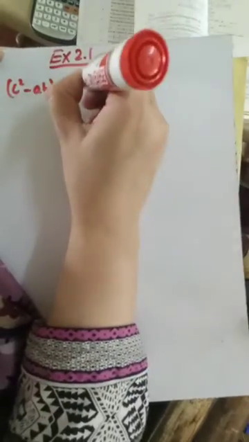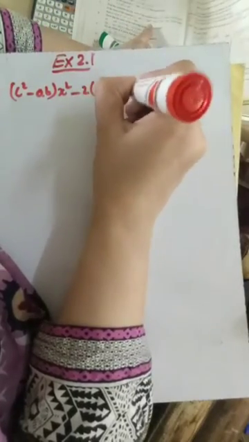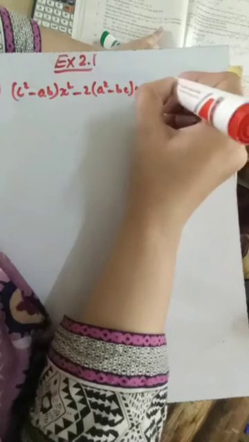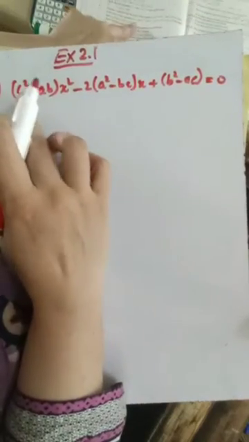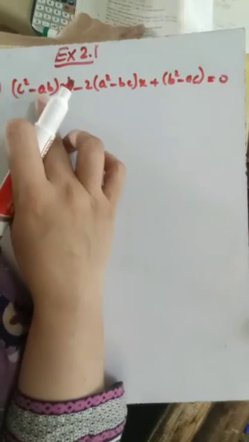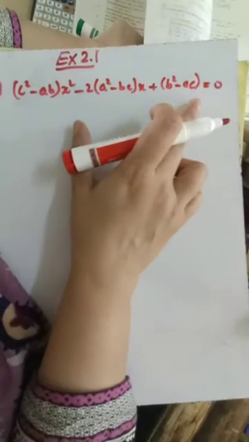We are going to do question number 7. They have given us the equation: c square minus ab x square minus 2a square minus bc x plus b square minus ac is equal to 0.